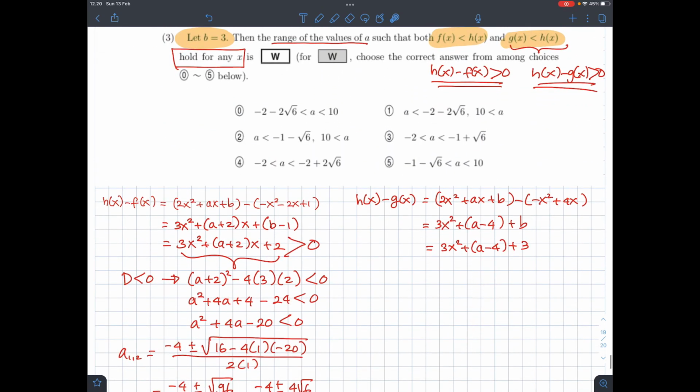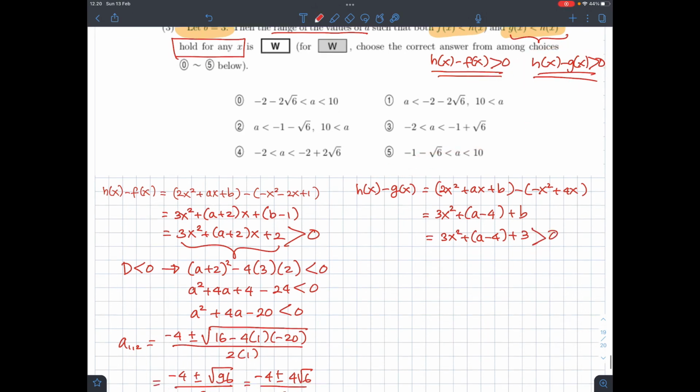The same as the previous one, they ask about h(x) minus g(x) greater than 0. So it should be greater than 0 for any x.